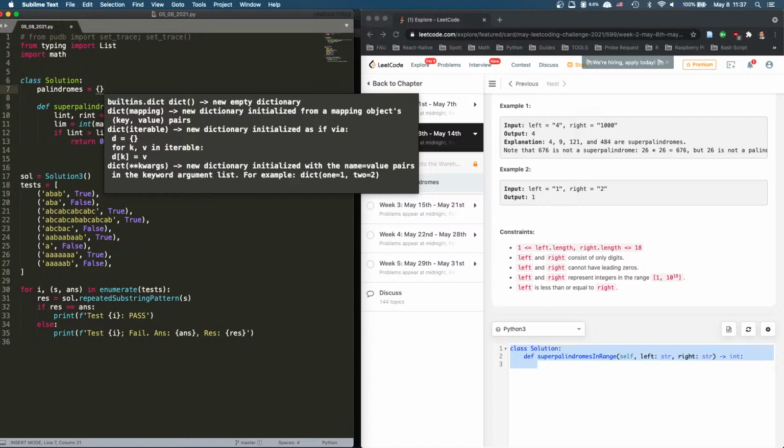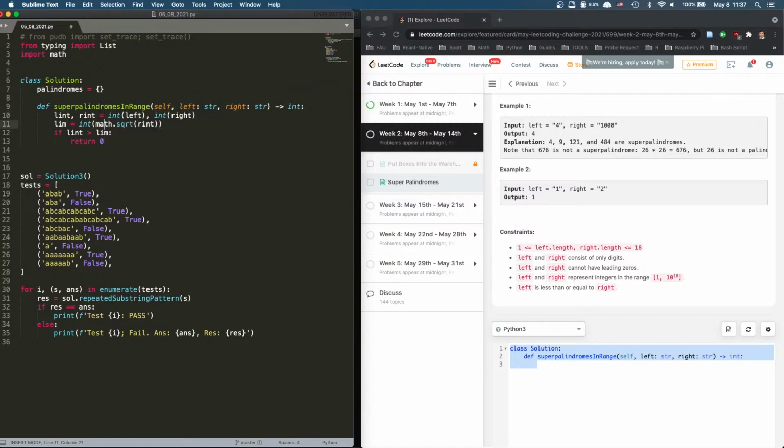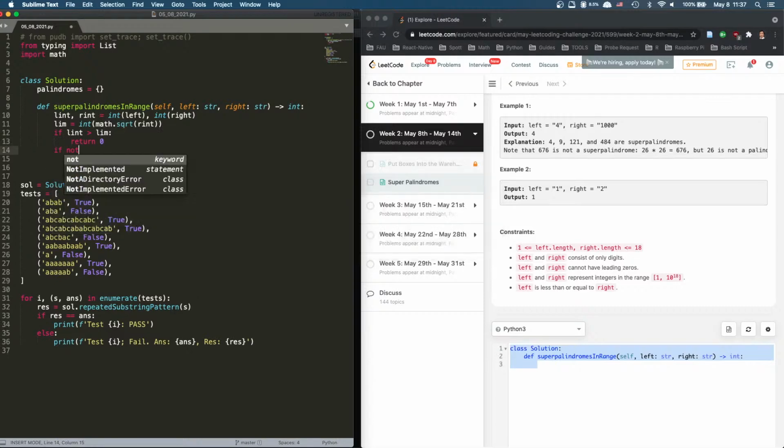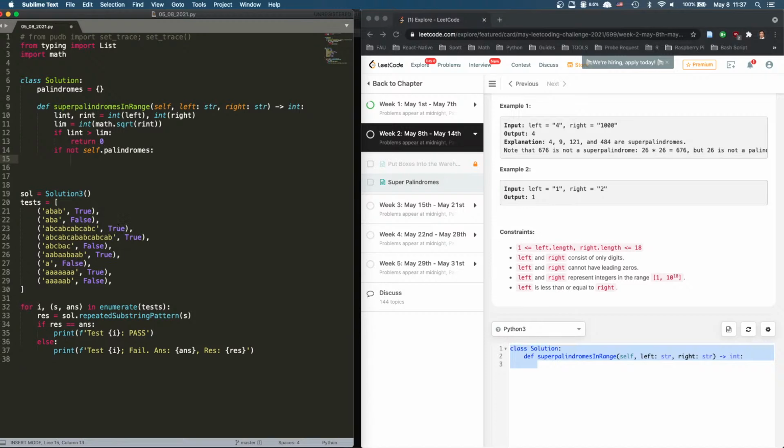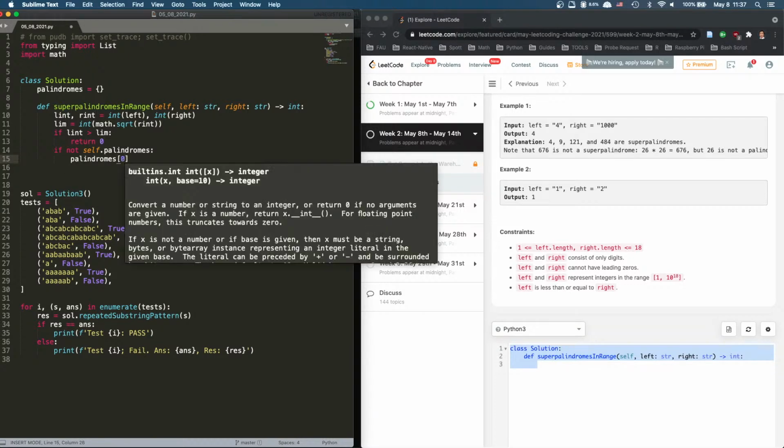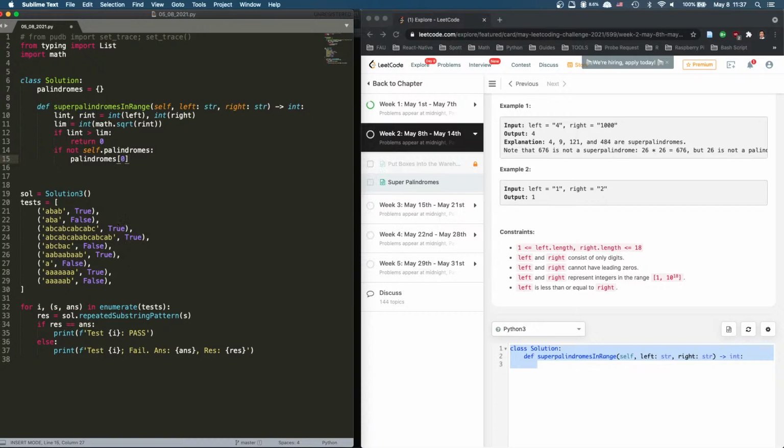Palindromes is going to be a dictionary, and we need to run if not self.palindrome, then we create the palindrome. How do we create a palindrome? We say palindromes 0, right? Actually, we can make it, yeah, that's just a dictionary.